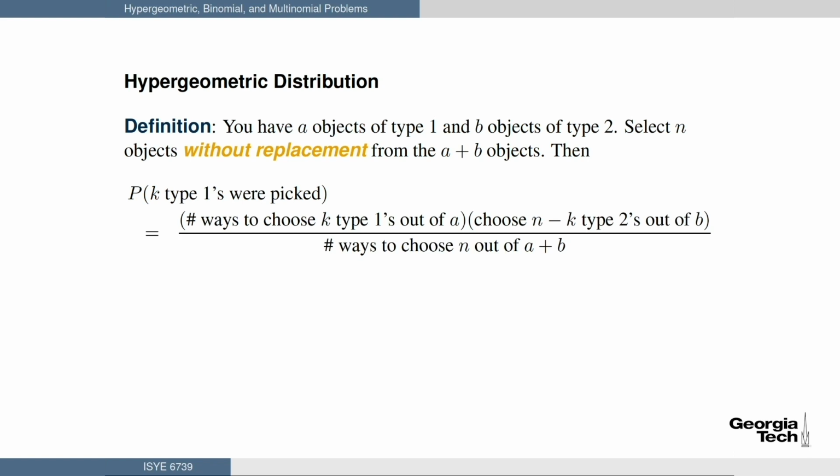The first term in the messy numerator is just the number of ways to choose exactly K type 1s out of A times the number of ways to choose exactly n minus K type 2s out of the B that are there.